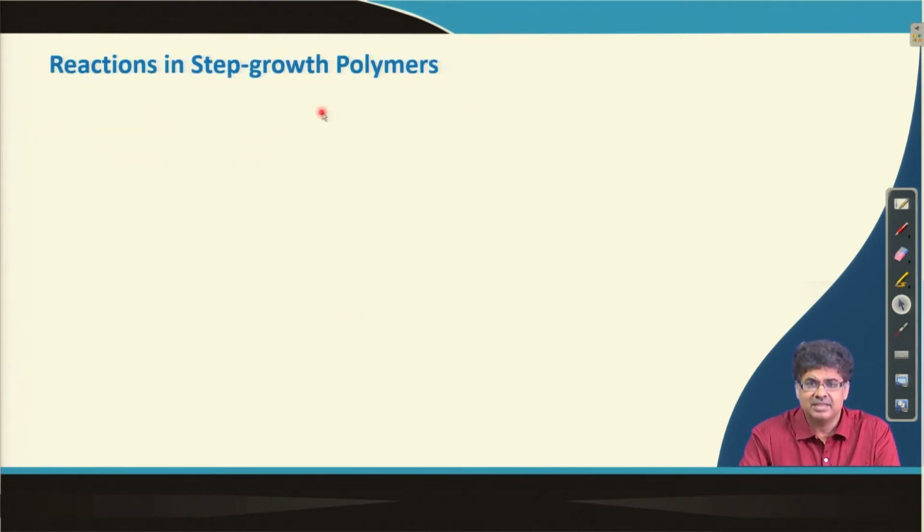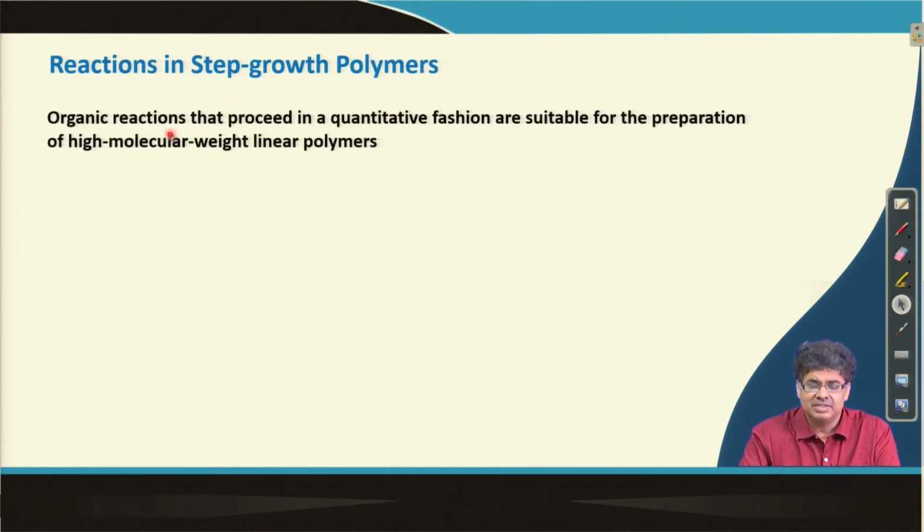Which reactions are typically used for step growth polymers? The organic reactions need to proceed almost quantitatively, with 99% plus conversion yield, to produce high molecular weight linear polymers.